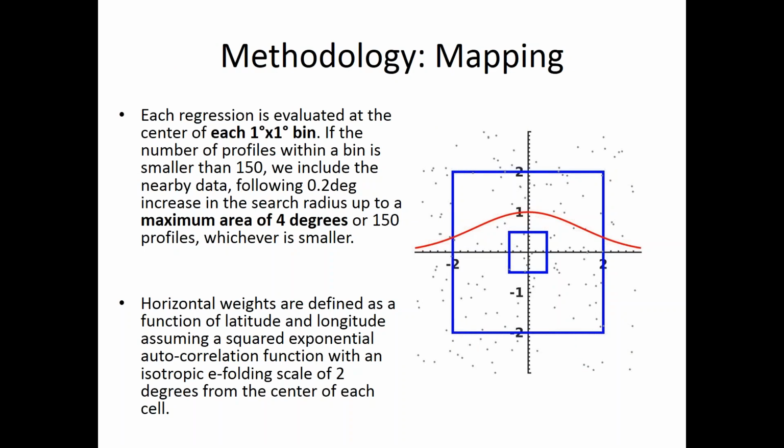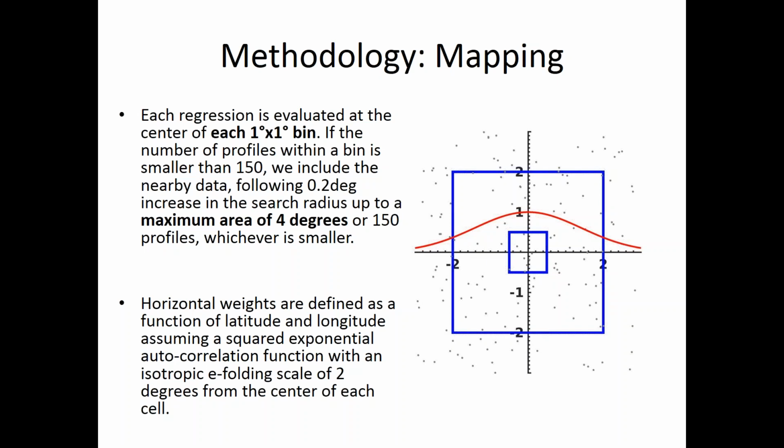And after that, we need a mapping. For the whole basin, we divide into 1 by 1 degree bins, and these bins should have a minimum of 150 profiles. If they don't have that in the 1 by 1 degree bin, we can search in a larger region for each bin, up to 4 degrees.